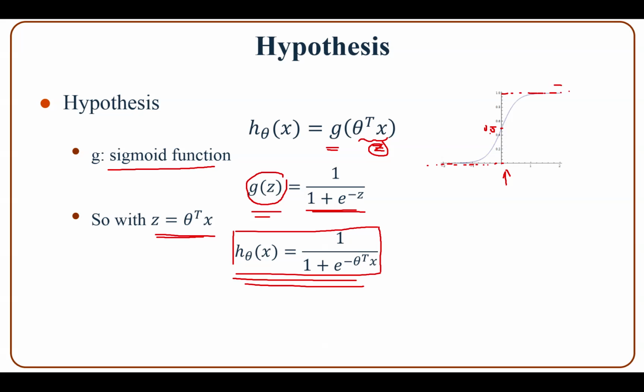This figure shows you the sigmoid function, and there are asymptotes at 1 and 0, and right here we have 0.5. It is where z equals 0.